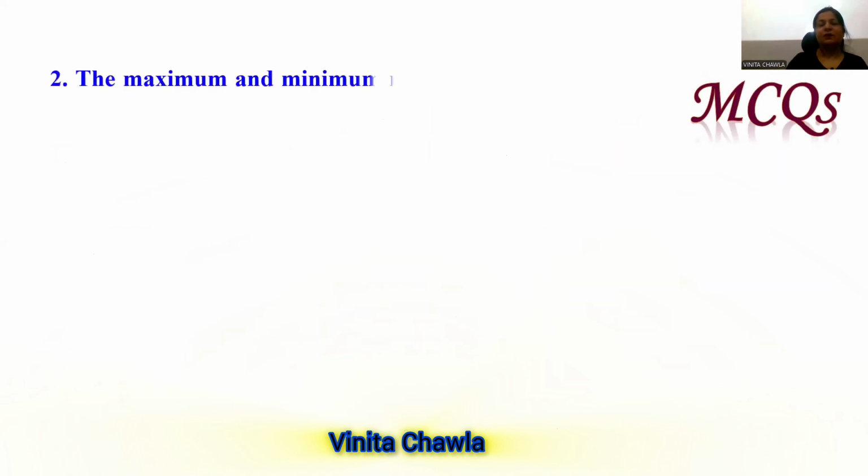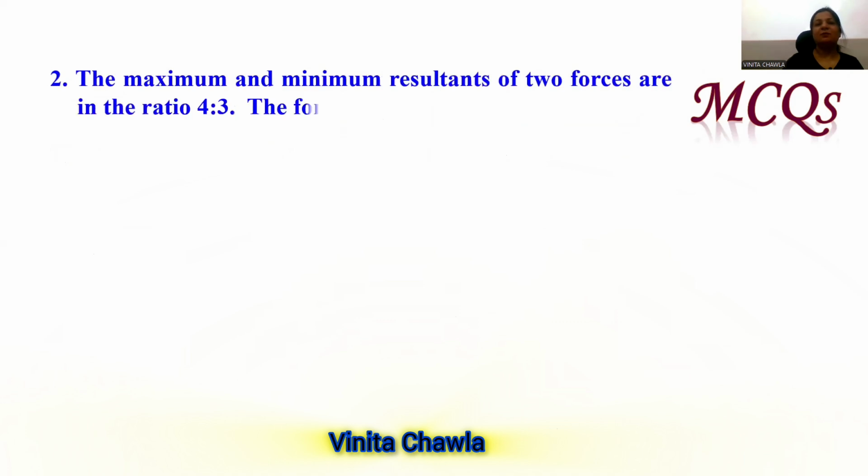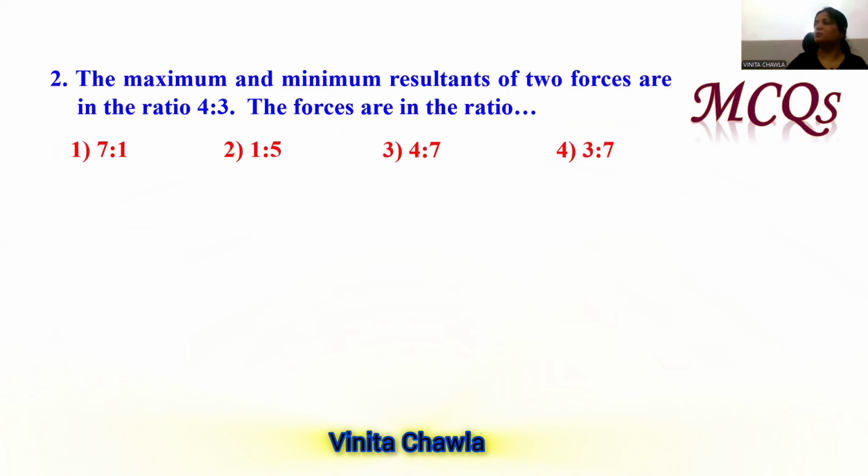Next question. The maximum and minimum resultants of two forces are in the ratio 4:3. The forces are in the ratio 7:1, 1:5, 4:7, and 3:7. How do we find the maximum resultant?